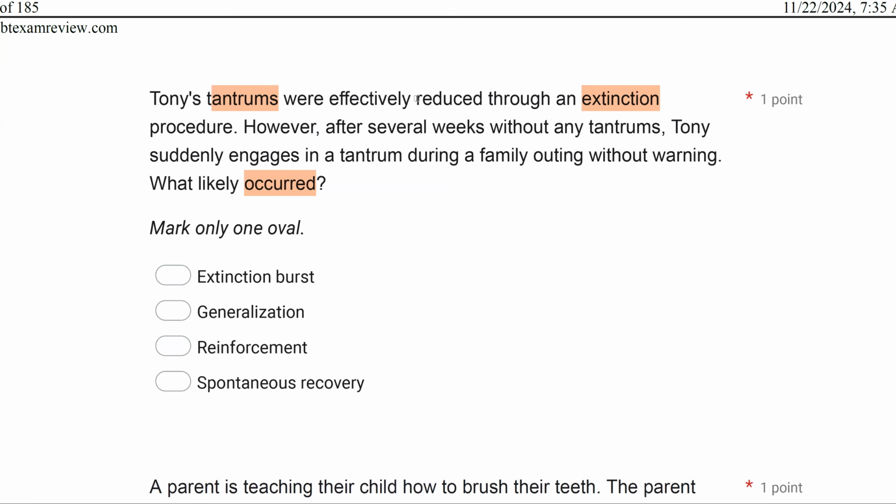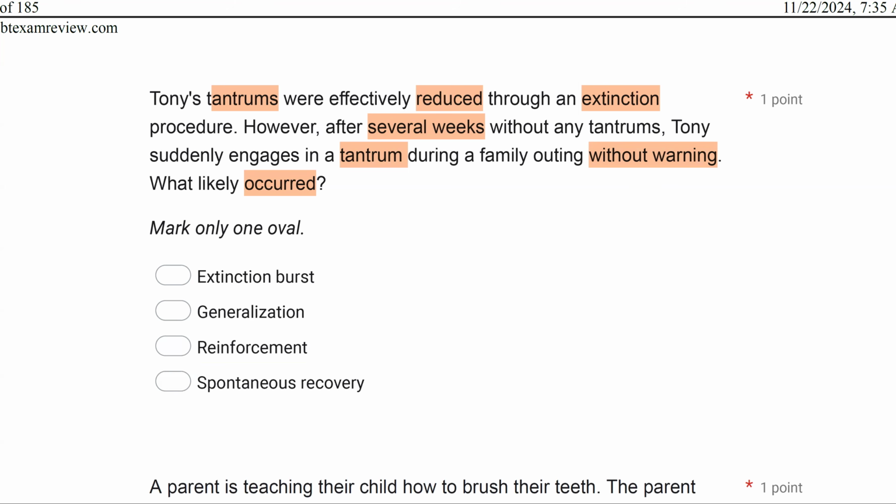Extinction's effective, it reduces the tantrums, but after several weeks, even though the tantrums were extinguished, all of a sudden the tantrum comes back without warning. What is it called when we effectively use extinction to reduce a behavior, and then suddenly that behavior reappears? A, an extinction burst. An extinction burst occurs during extinction.